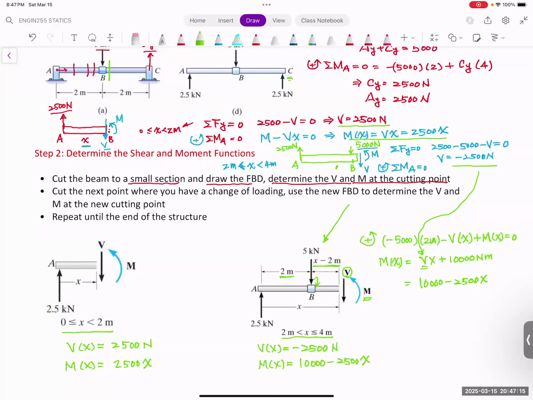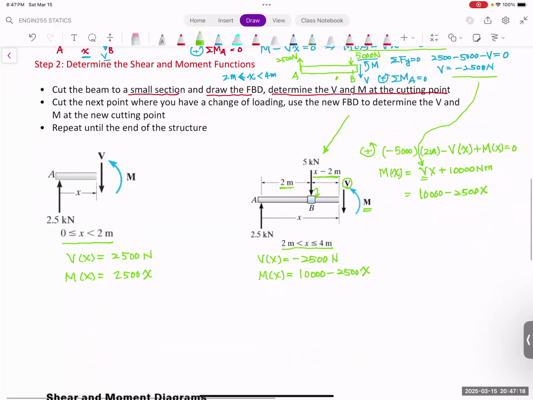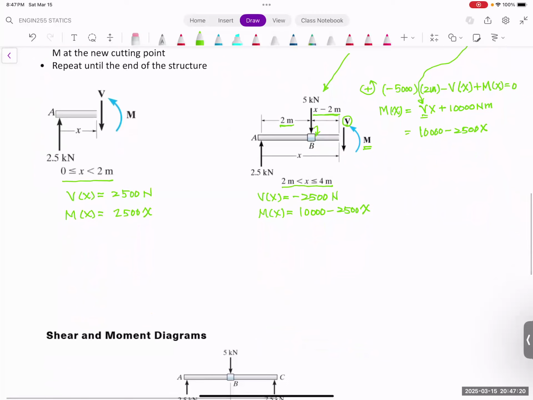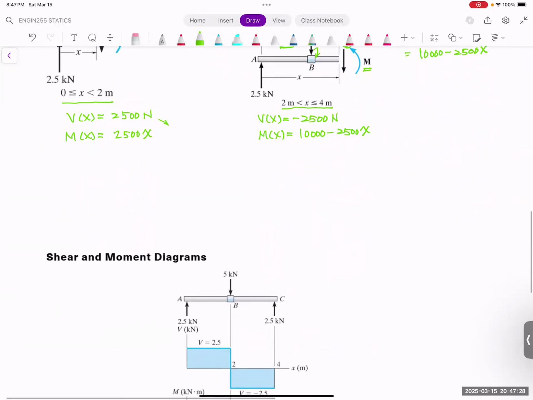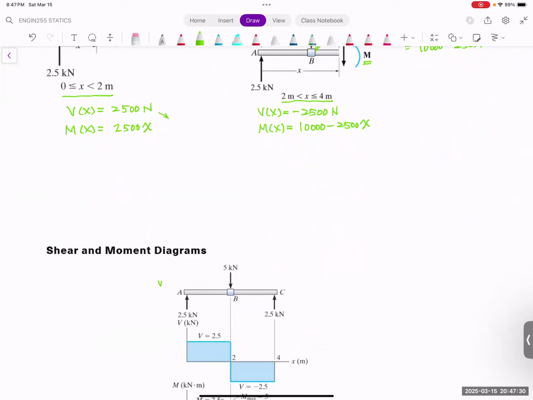All right, so now you can draw the diagram. If you have this function, that simply tells you this is a constant, right? So if we draw the diagram of V versus x, we look at the two different regions, from 0 to 2 meter and 2 meter to 4 meter.